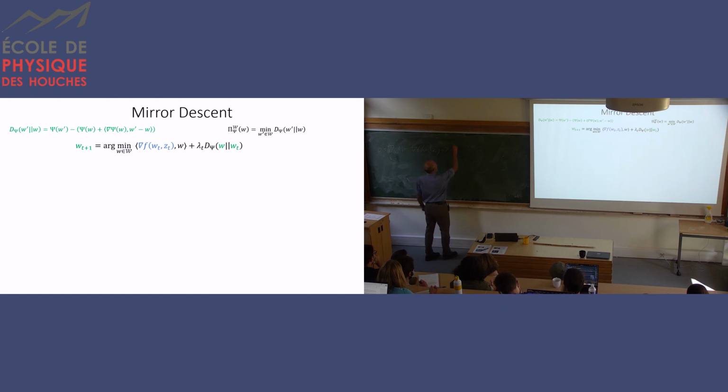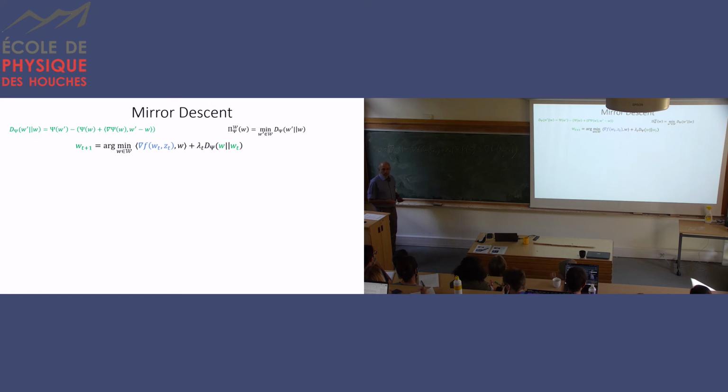So it's going to be the gradient of psi at w. This is psi of wt, which doesn't depend on w. Plus this is the gradient of psi at wt times the difference of w and wt. You have here plus, it should be minus, I think. Oh yeah, it is minus, I have a minus from here. Minus psi of wt.